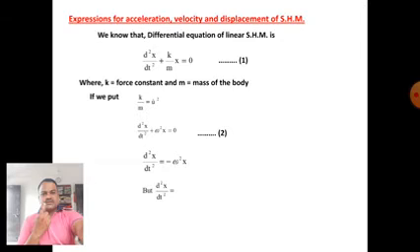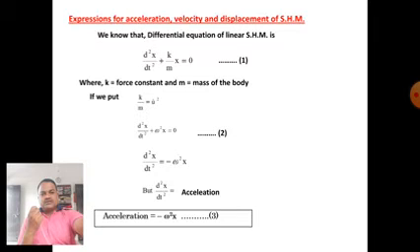We split this above equation: d2x upon dt square is equal to minus omega square x. But d2x upon dt square is equal to acceleration, as we already saw in the previous slide. So acceleration is equal to minus omega square x, which we call equation 3.